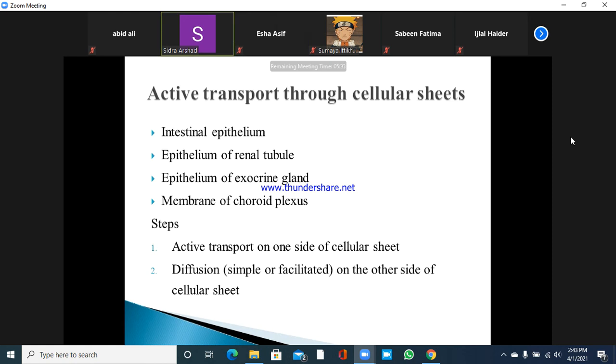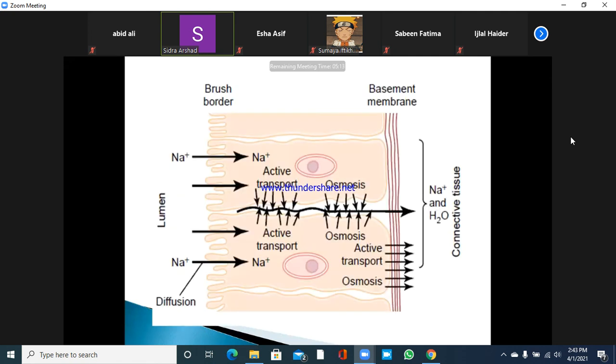Yes, ma'am. This is just one last slide. I would just like to go through this so that this chapter is almost finished after this. Now what happens is that there are certain areas in the body in which the cells are present in sheets. So the mode of transport over there is, we need to see how the movement of substances is taking place when we are talking about a layer of cells or sheets of cells, right?